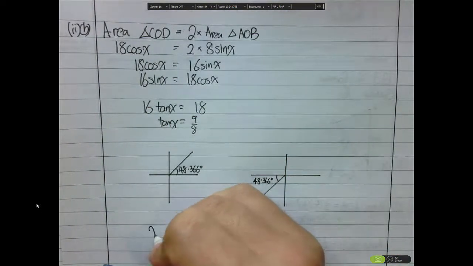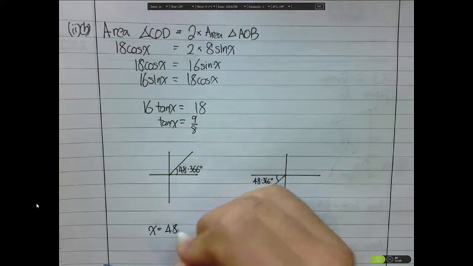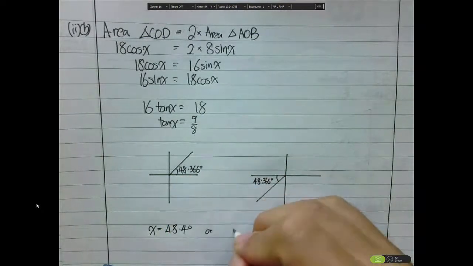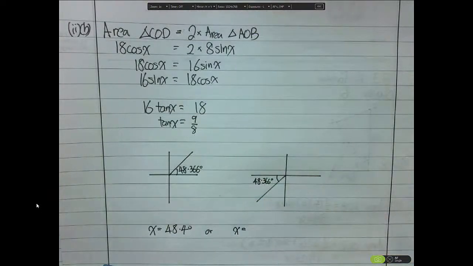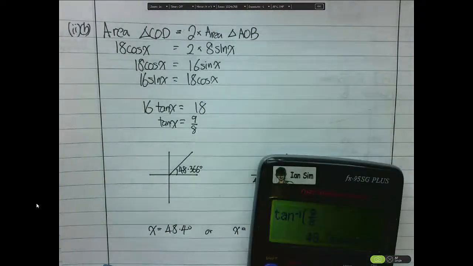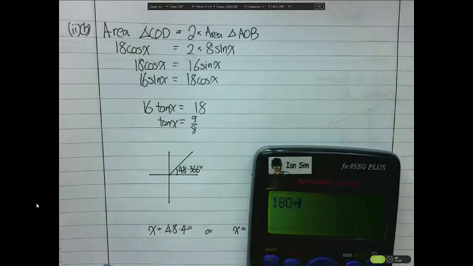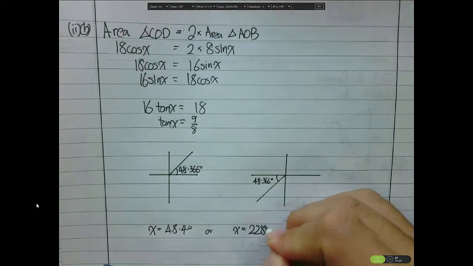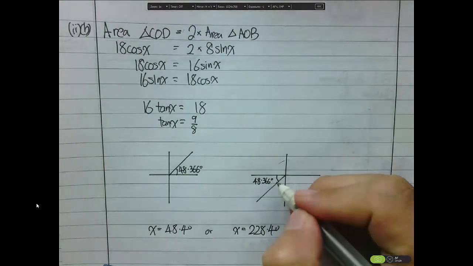So my x value is either 48.4 degrees, or x is equal to 180 plus 48.366, which is 228.4 degrees.